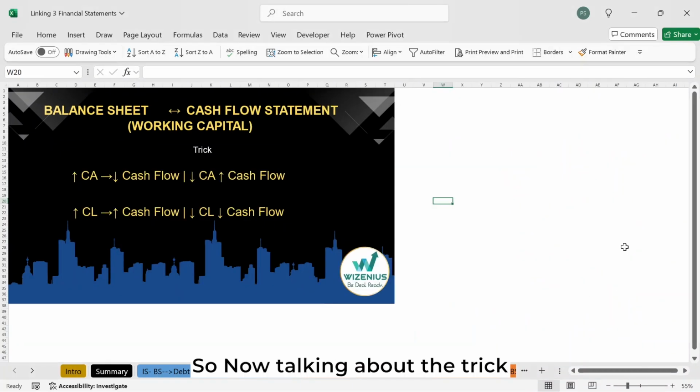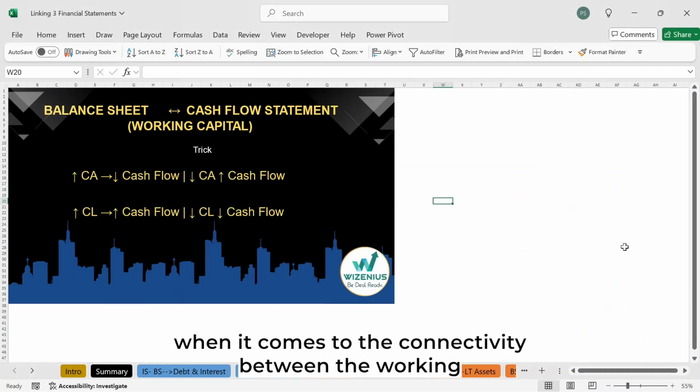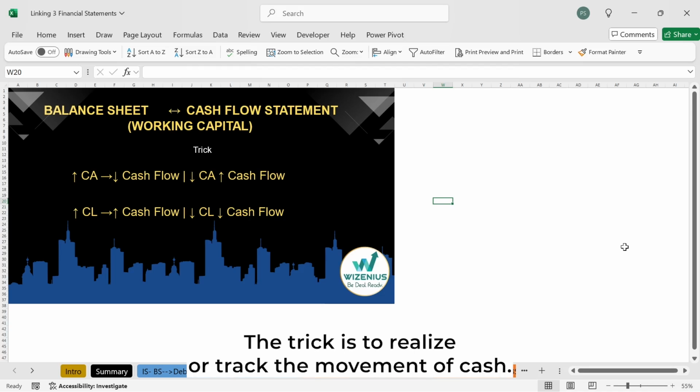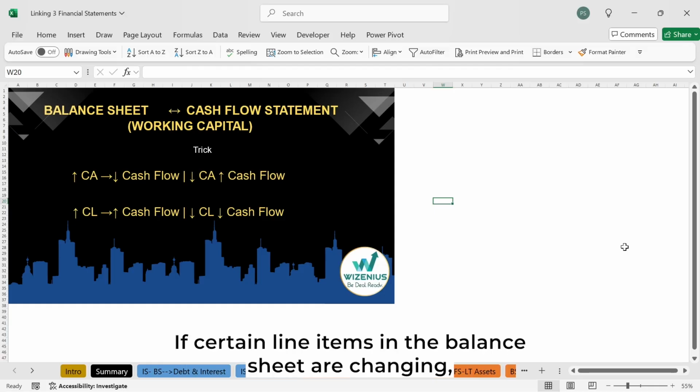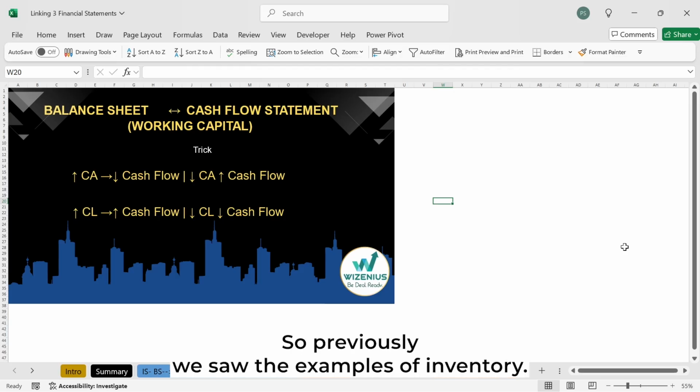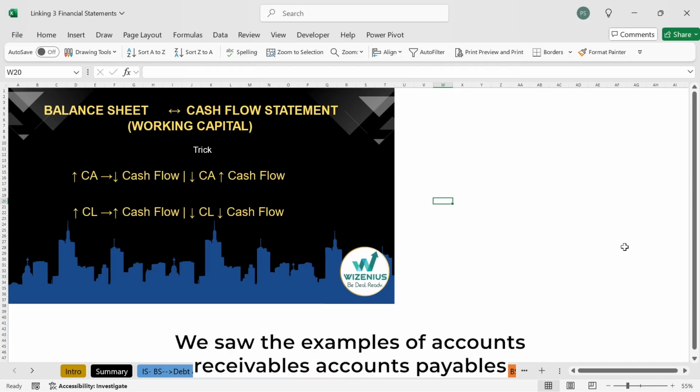So now talking about the trick when it comes to the connectivity between the working capital items in a balance sheet and a cash flow statement is very simple. The trick is to realize or track the movement of cash if certain line items in the balance sheet are changing, especially the working capital. So previously we saw the examples of inventory, accounts receivables, accounts payables.